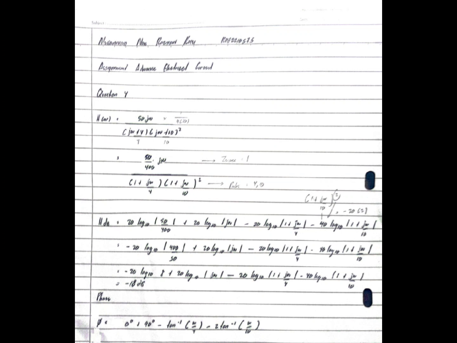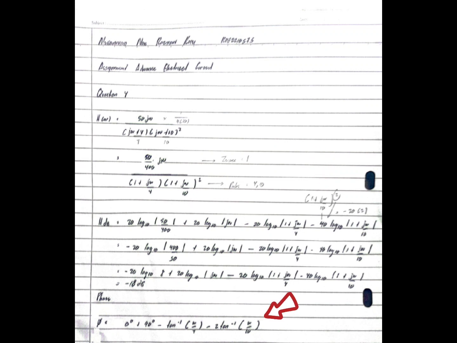And for poles, the formula is negative 20 log of 1 plus jω over p of poles. For the other one, we need to change the negative 20 log to 40. This is because of the power of 2, meaning we need to multiply it by 2.